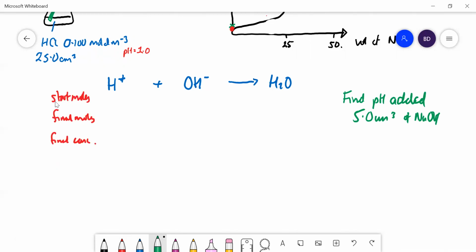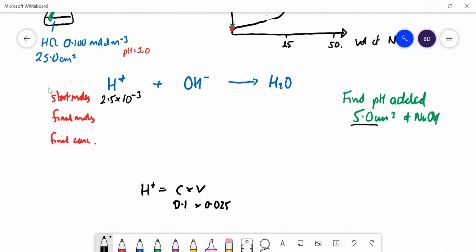Moles of H plus is equal to concentration times volume. The concentration is 0.1. The volume is 25 centimeters cubed, so that's 0.025. So it's going to be 2.5 times 10 to the minus 3 moles of H plus.